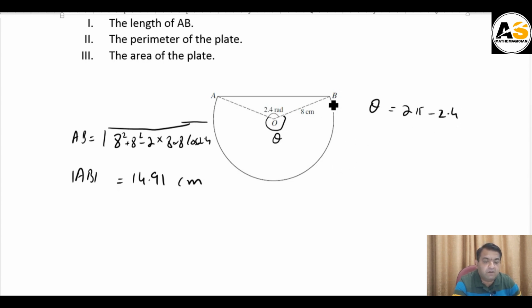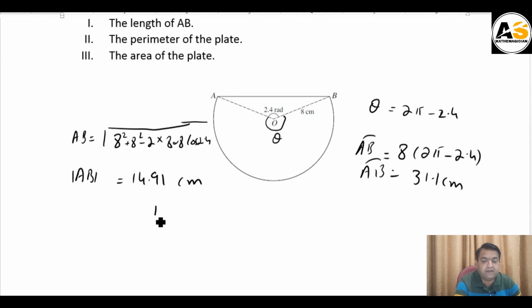And what will be this arc length? Arc length AB, major arc, is equal to r theta. R is 8 into 2 pi minus 2.4. When you use your calculator, you will get this arc length equal to 31.1 centimeter.